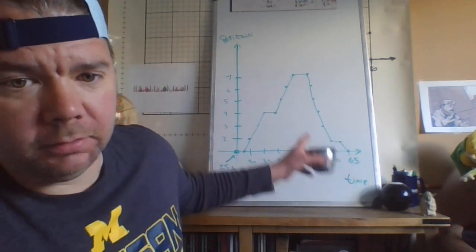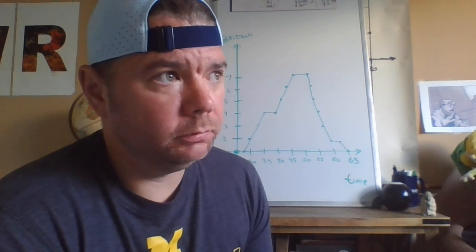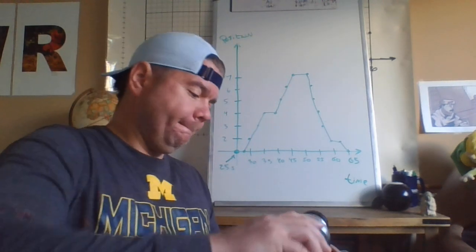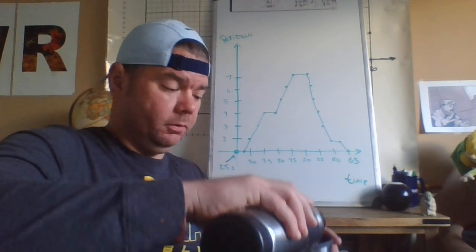You've been making graphs like the one you see behind me. Now we're going to get more serious about how we can use these graphs to answer all kinds of questions and predict all kinds of things about objects in motion.